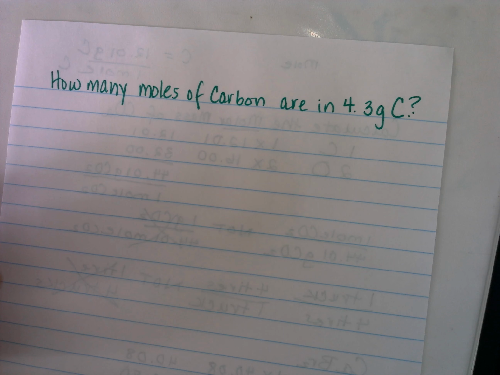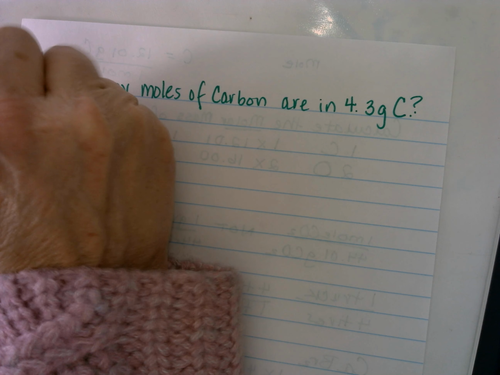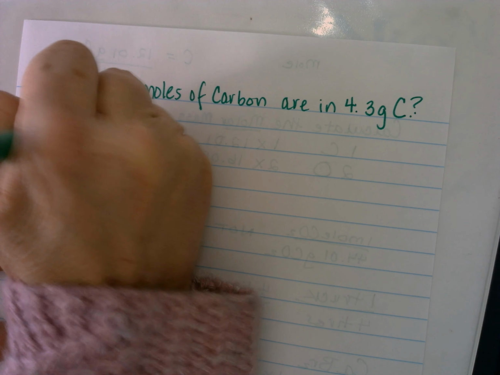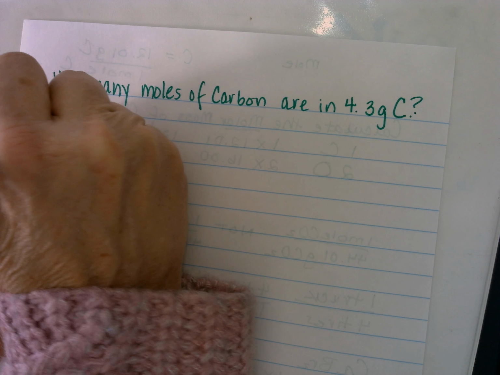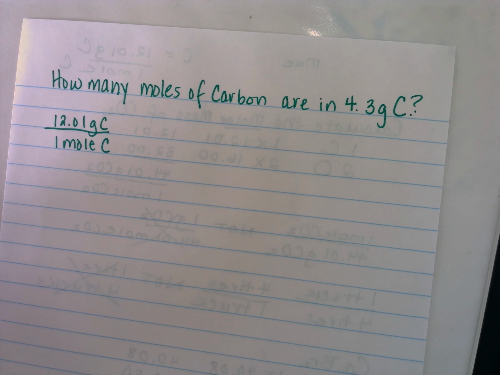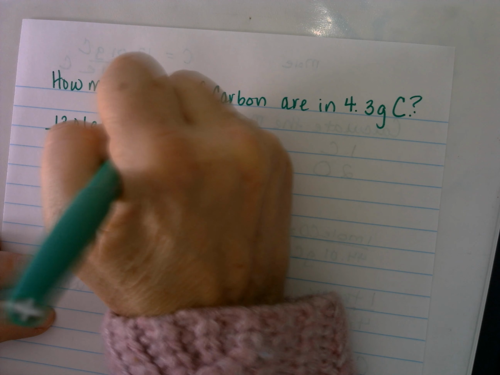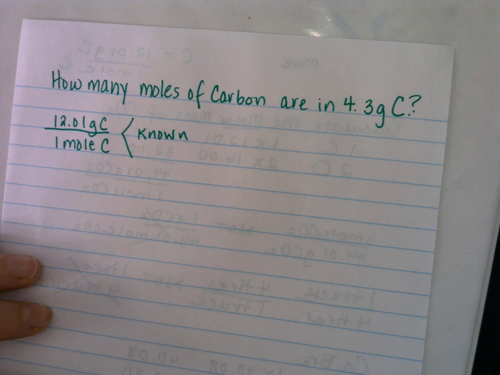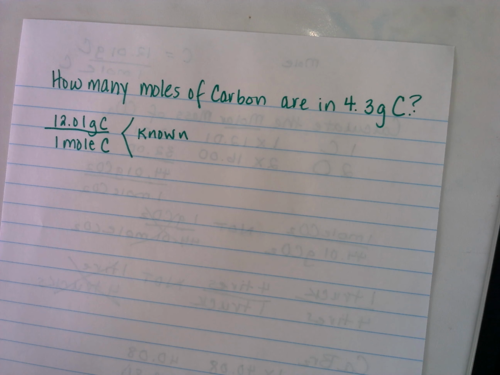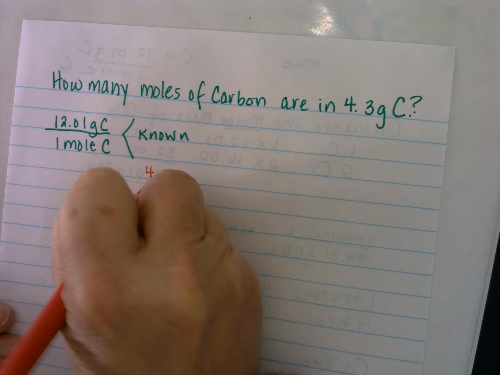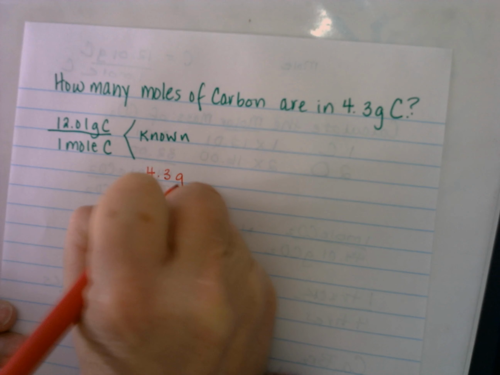So the molar mass of carbon is 12.01 grams of carbon per 1 mole of carbon. We know this. Known. So what we're going to do is start with 4.3 grams of carbon.